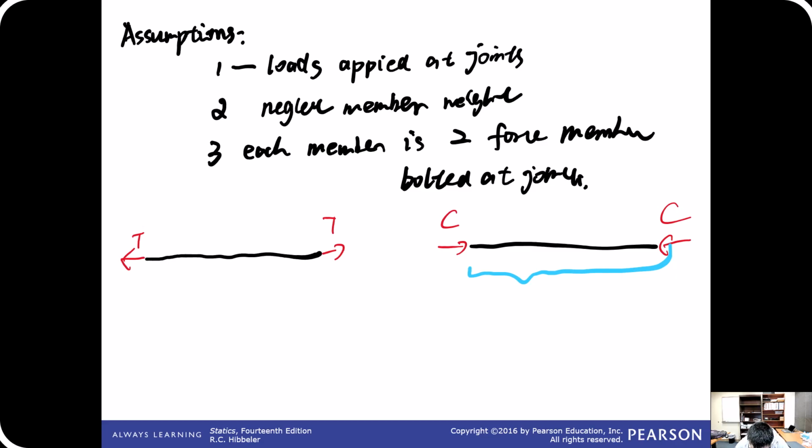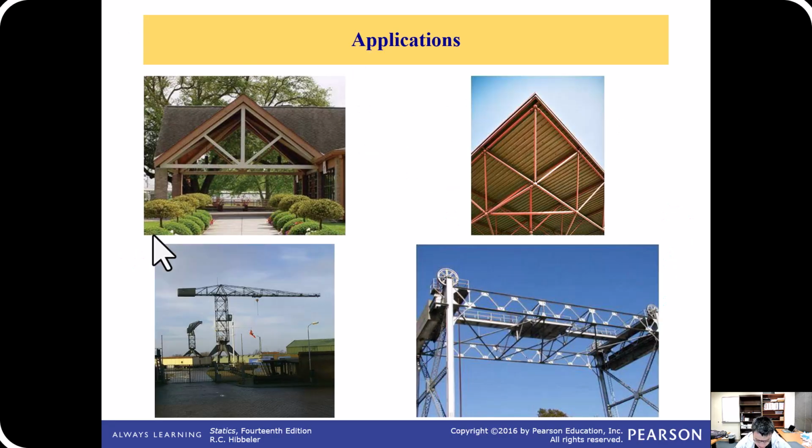Compression members are usually designed thicker to avoid buckling. Here are some examples of trusses. They're actually anywhere, on buildings, cranes. So it's almost anywhere.